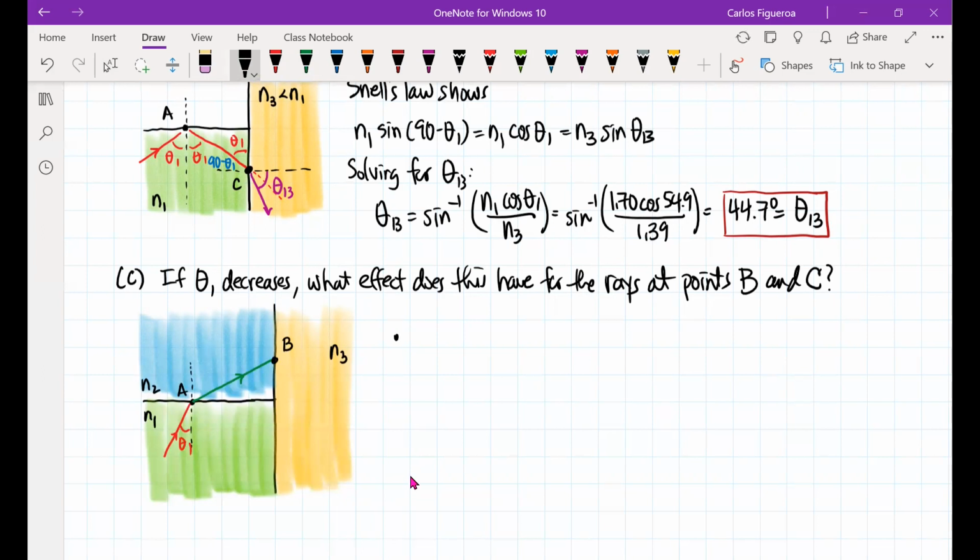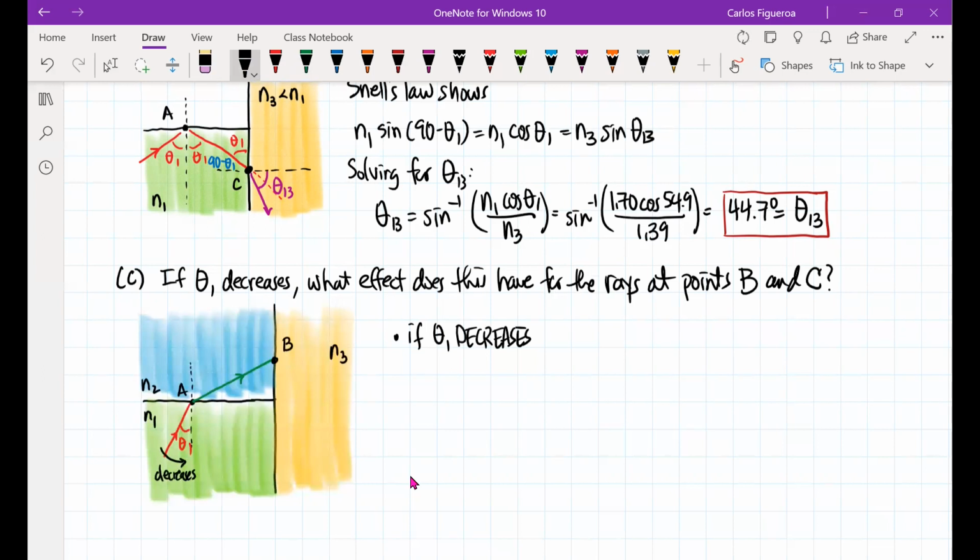Okay, so if theta 1 decreases, look what happens to theta 2. If theta 1 decreases, that means we're moving it in that direction. That's what we mean by decrease.